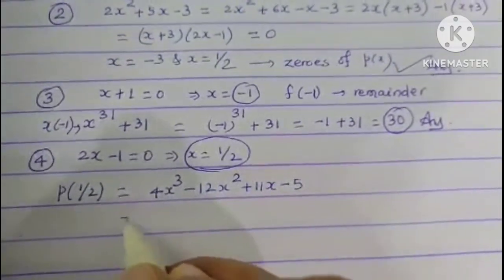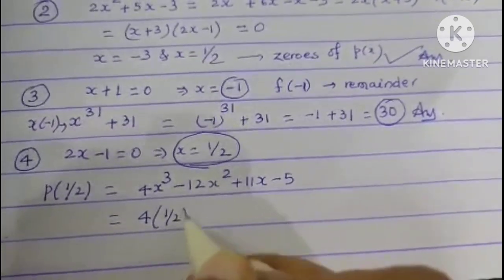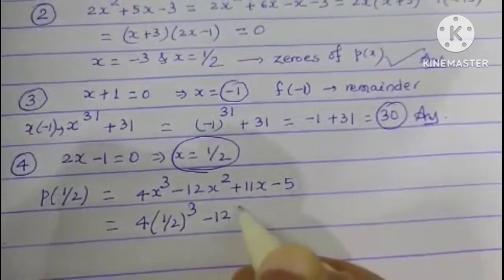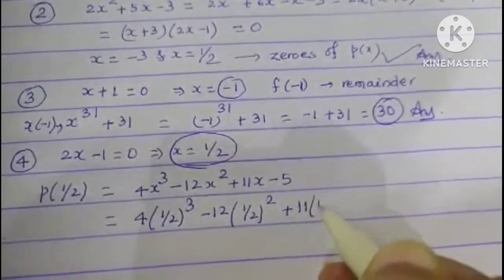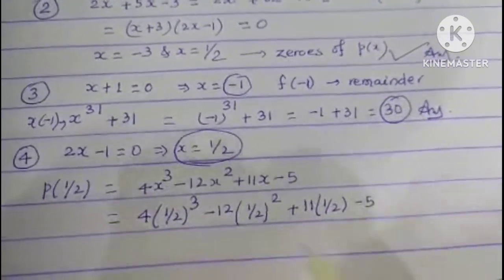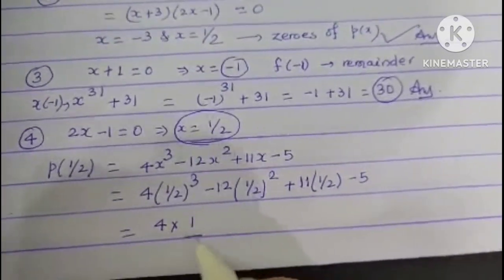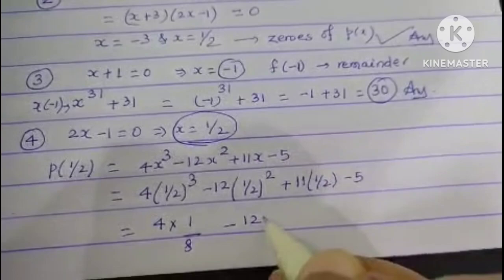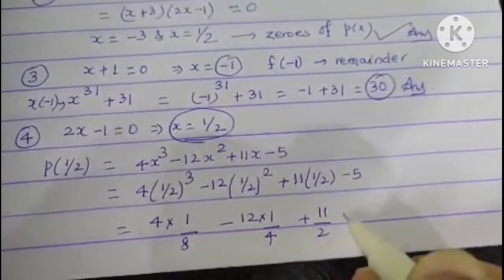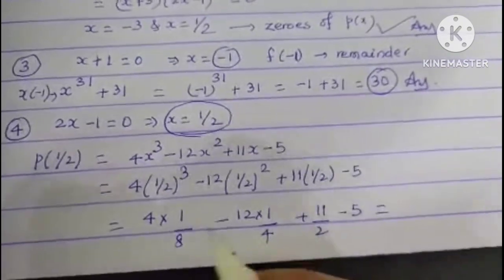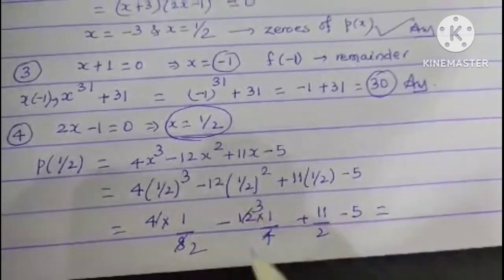Now we will put 1 by 2 in the place of x. So 4 times (1 by 2) cube minus 12 times (1 by 2) square plus 11 into 1 by 2 minus 5. That will give us 4 multiplied by 1 by 8 minus 12 multiplied by 1 by 4 plus 11 by 2 minus 5. That is equal to 1 by 2. This is 3.